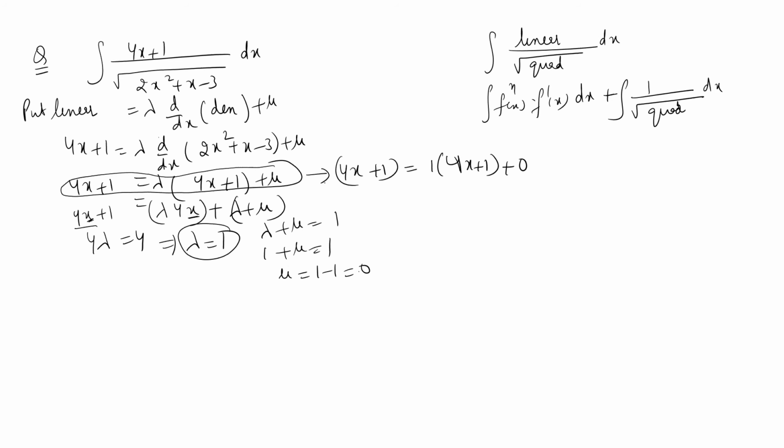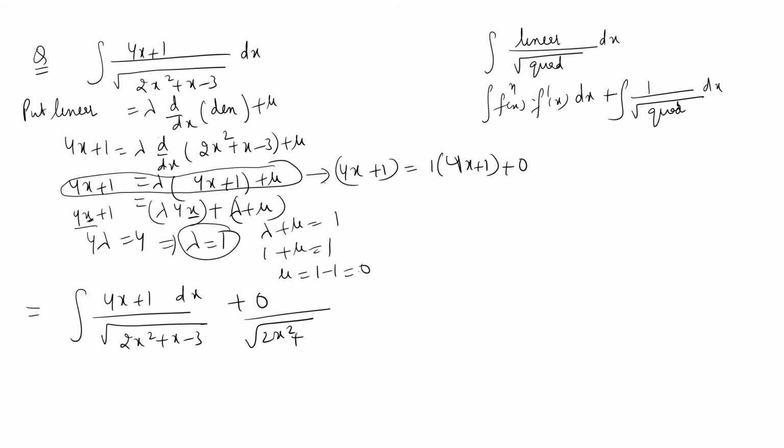So the numerator here should be split in this form, like lambda times (4x plus 1) plus mu, which is your (4x plus 1) dx upon under root (2x square plus x minus 3) plus 0, because 0 upon 2x square plus x minus 3 is going to be 0 itself.